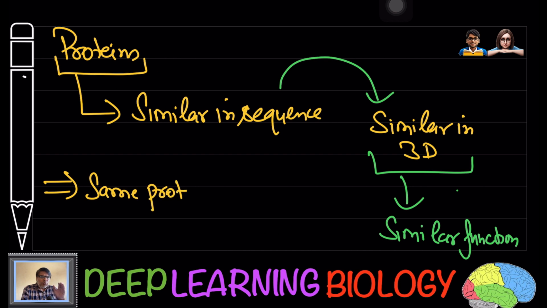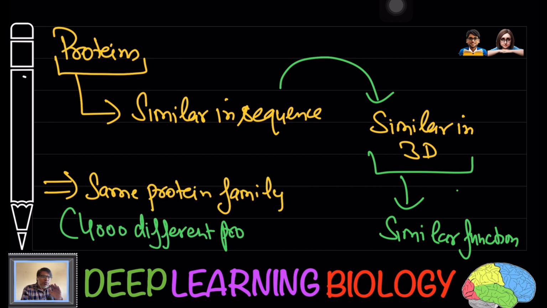Such proteins, which have similar sequence, similar 3D structure, and similar function, can be classified in a single protein family, the same protein family. Keep in mind, there are 4,000 different protein families.